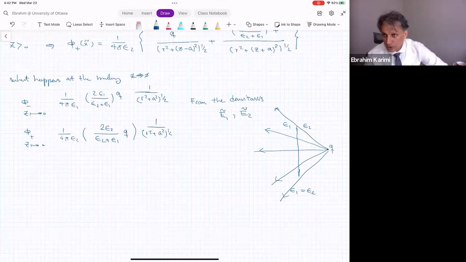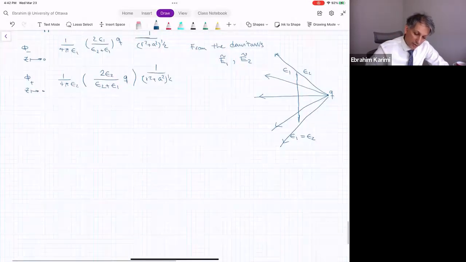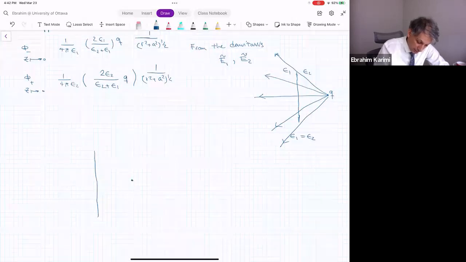If the two dielectrics are identical, I'm not getting any surprising effects. However, if one dielectric is greater than the other one, there will be several different scenarios. One will be like that.